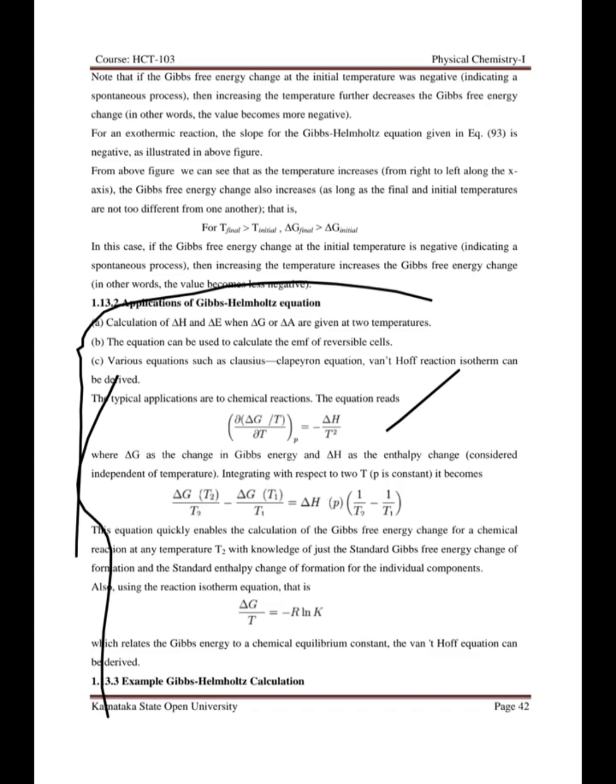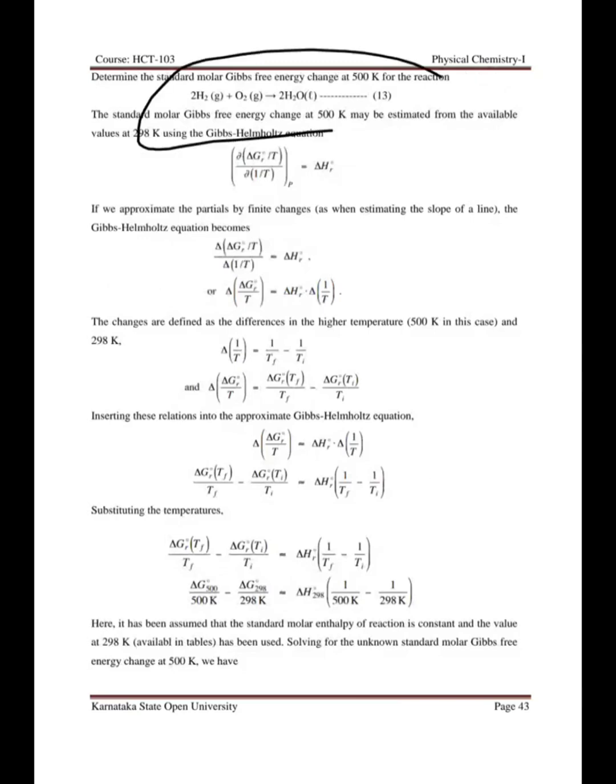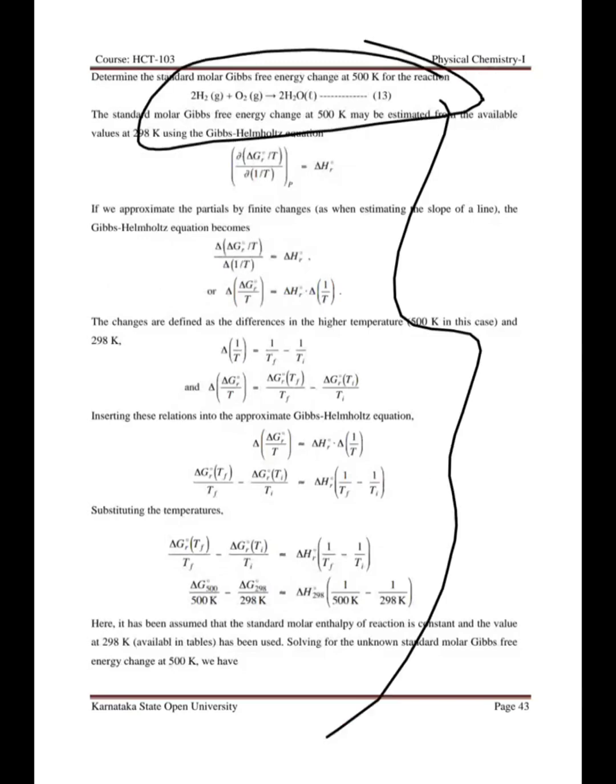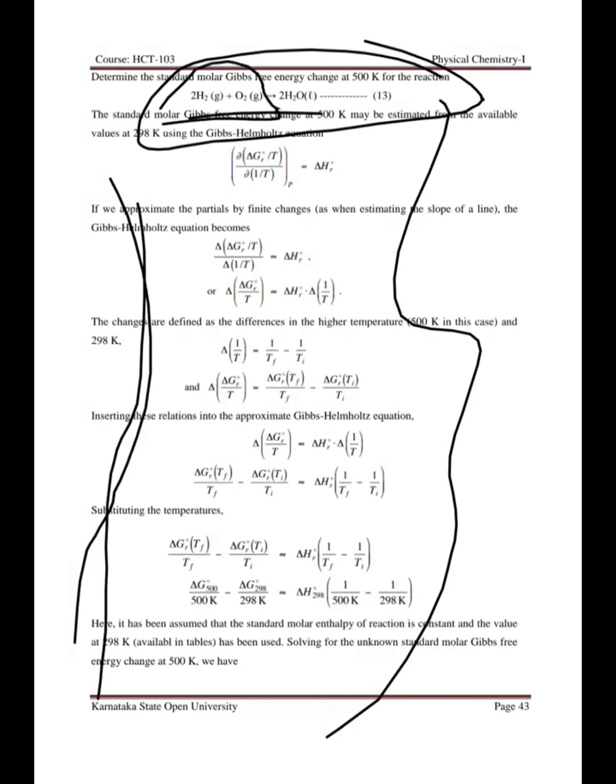Here, as an example of the Gibbs-Helmholtz equation, they have taken one reaction and calculated the Gibbs and Helmholtz free energy. You will get to know what the reactant is and what product forms.